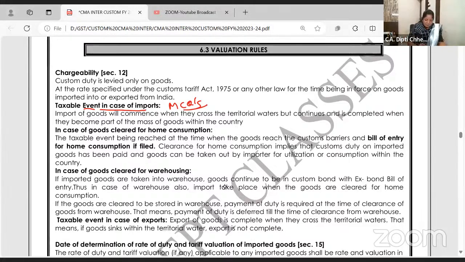No. Import of goods will commence when they cross the territorial waters, 12 nautical miles from the baseline, but continues and is completed when they become part of the mass of goods in the country. Once they come into the territorial waters of India, till they are unloaded at the port, till they are in the warehouse, it is the taxable event.